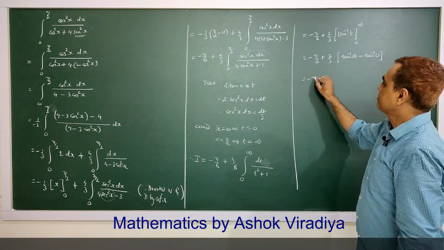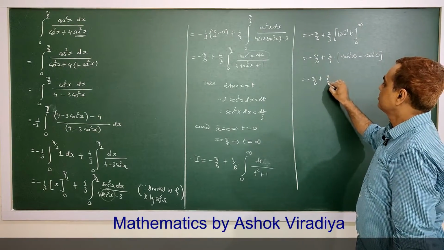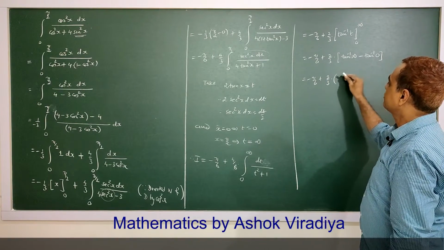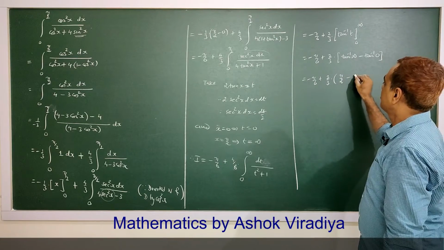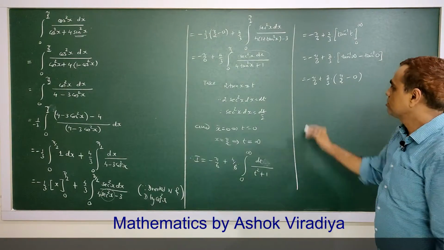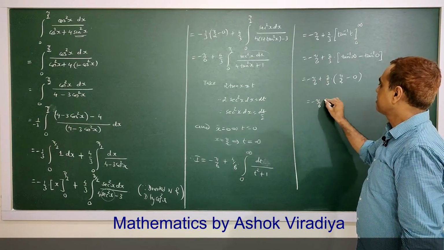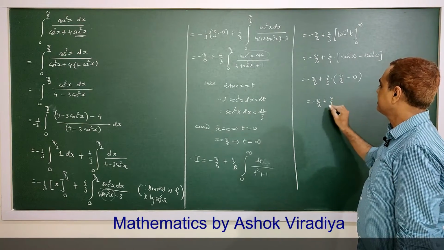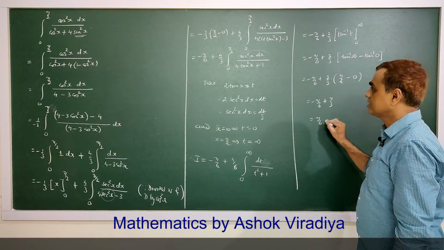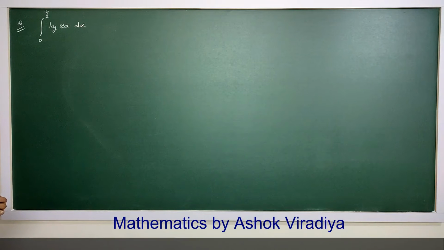So tan inverse infinity is pi by 2 minus 0. So this is minus pi by 6 plus pi by 3. So the final value is pi by 6.